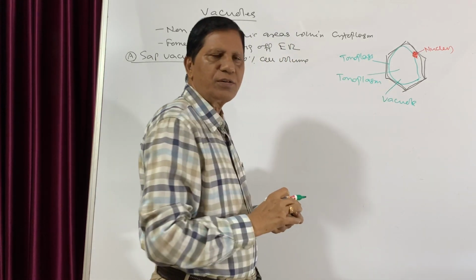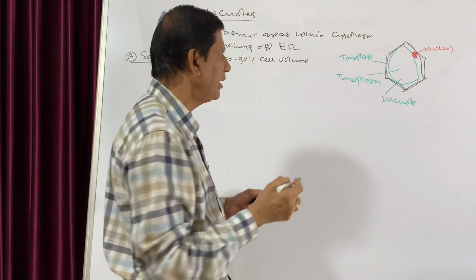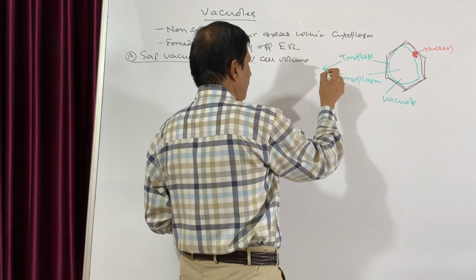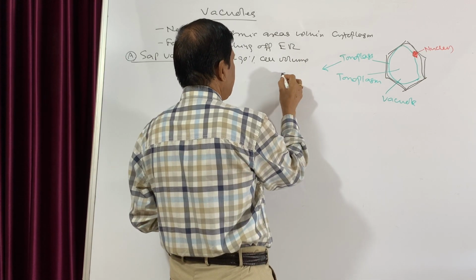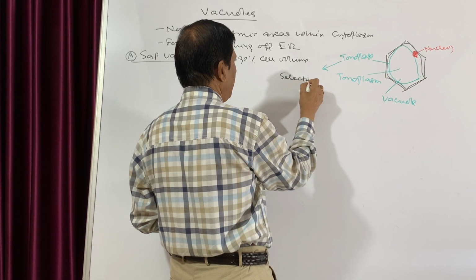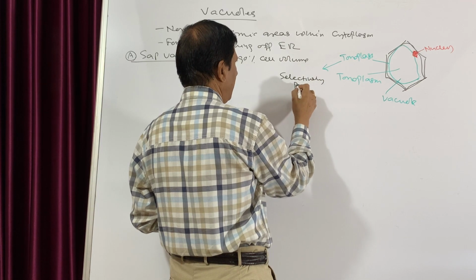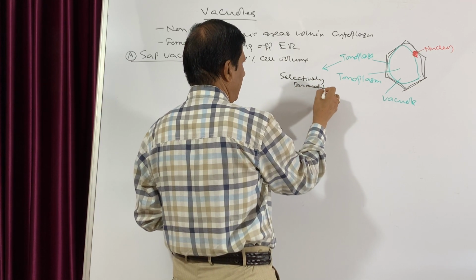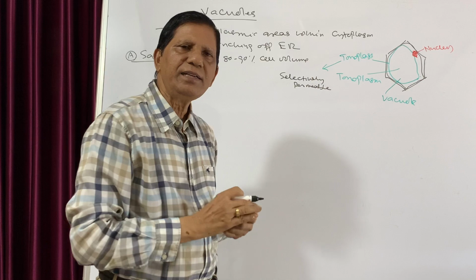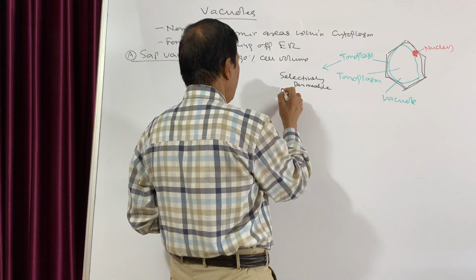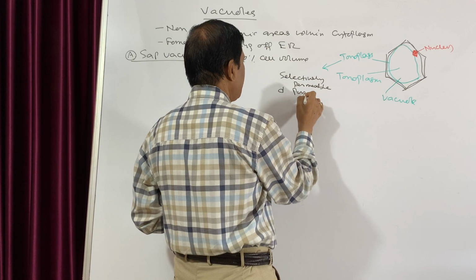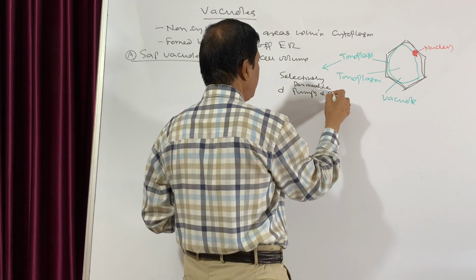The tonoplast, just like the cell membrane, is selectively permeable, and it has several pumps and channels.